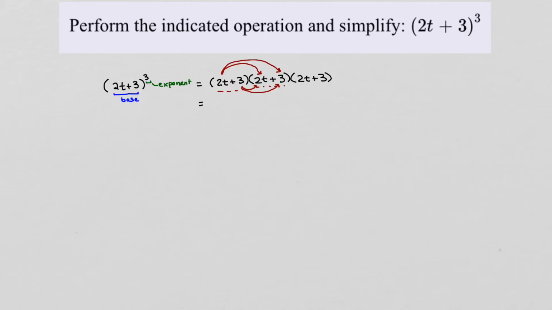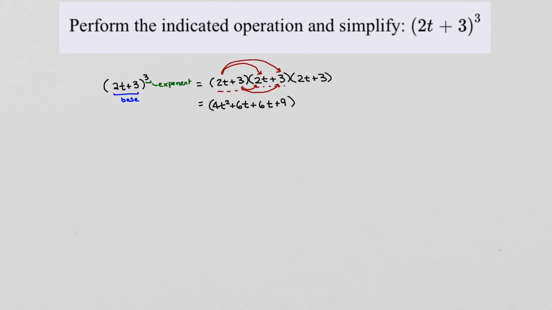Some people call this the FOIL method or the distribution property. So let's write down what we get when we FOIL or distribute. 2t times 2t gives us 4t squared, plus 2t times 3 gives us 6t, plus 3 times 2t gives us 6t, and then 3 times 3 gives us 9.